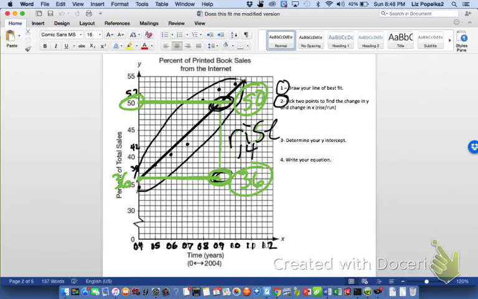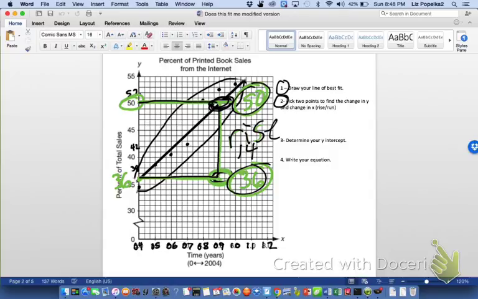Because between 36 and 50 is 14, so my change in y is 14. Again, I got that because I know the top is at 50. If I go down to the bottom, it's at 36. Between 36 and 50, my up and down change was 14.